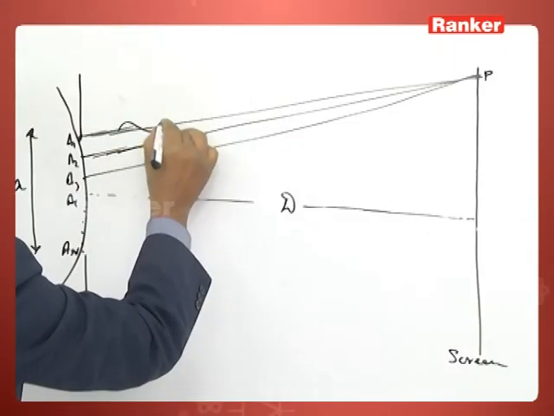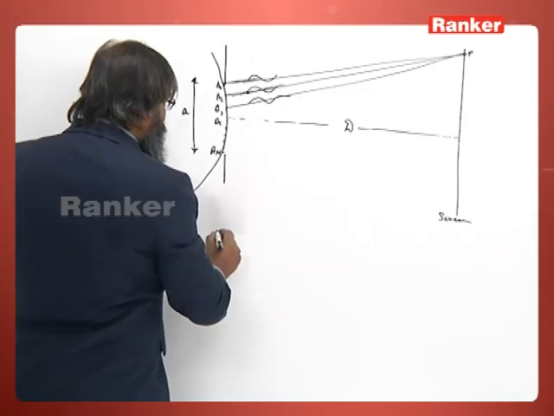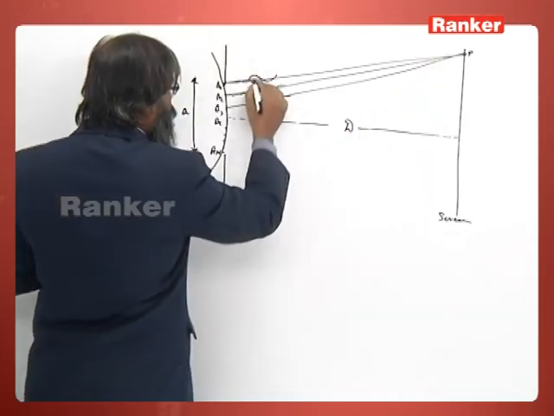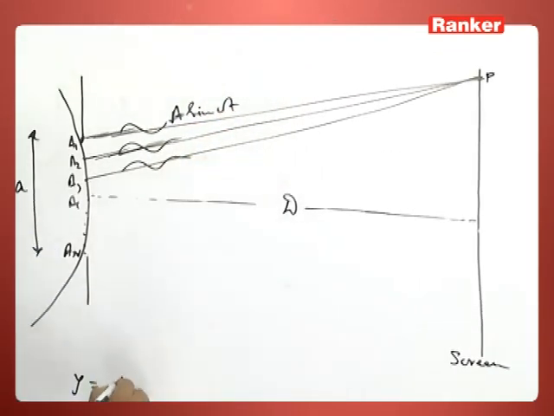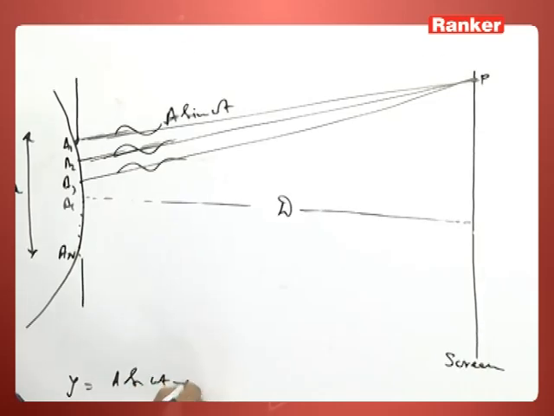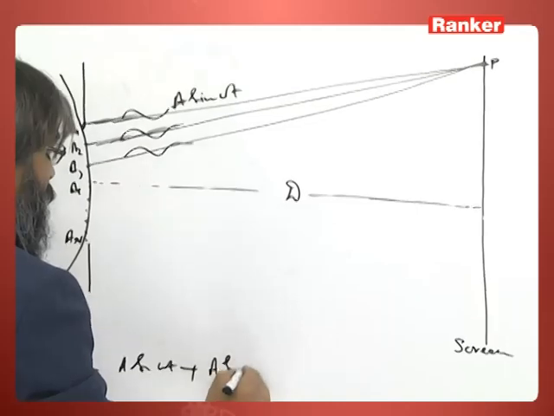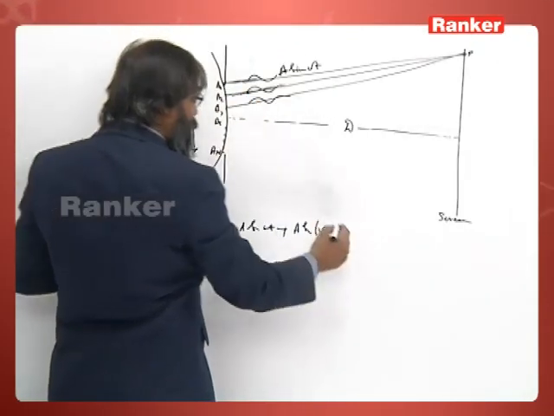Suppose this is one wave, and there are many waves. The wave at P will be denoted as A sin omega t, the wave reaching from here. Then the next will be A sin(omega t plus theta), where theta is the phase difference between them.